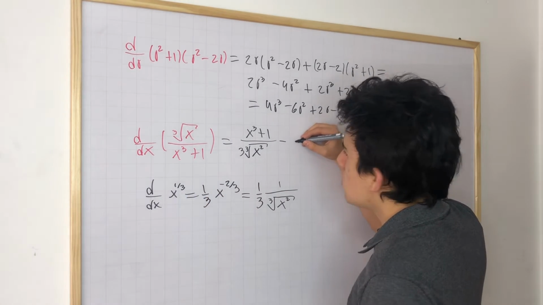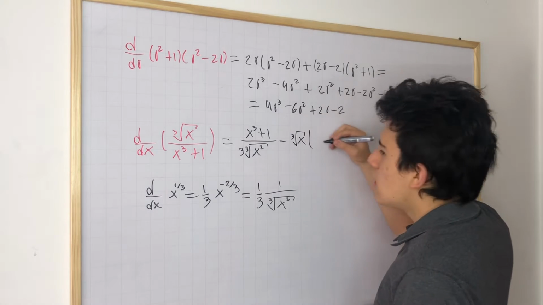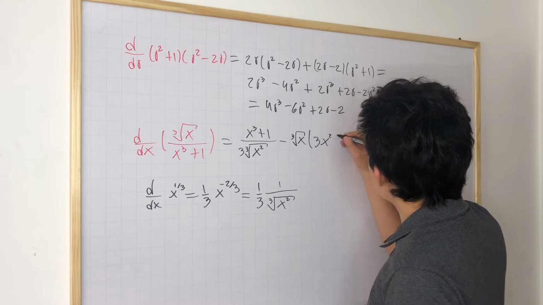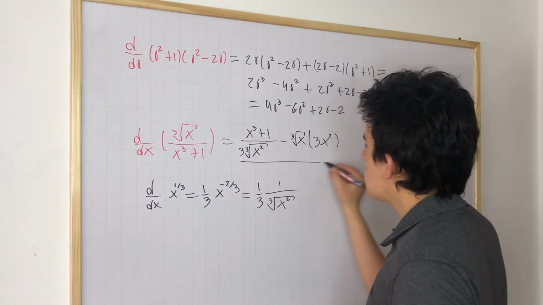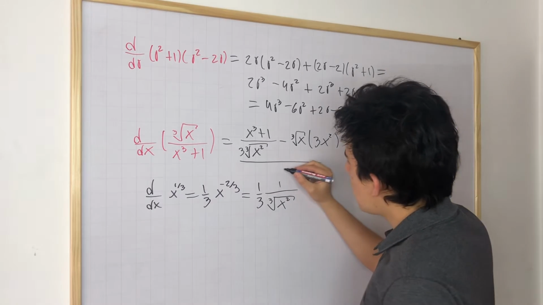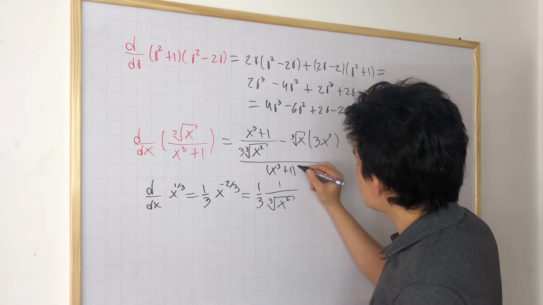So we're also going to multiply by cubic root x times the derivative of the bottom, so it's gonna be this. And now all of this is just simply being divided by the bottom squared, so we would simply get x cubed plus 1, squared.